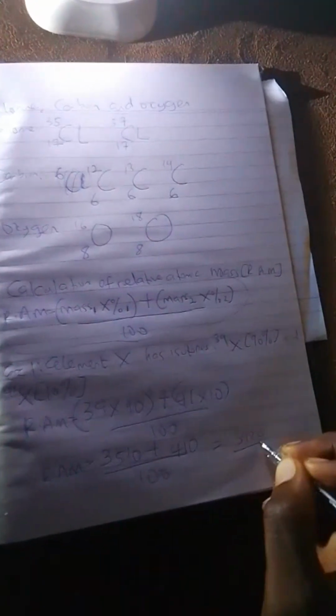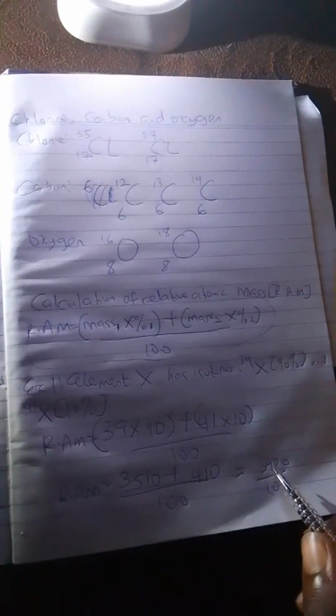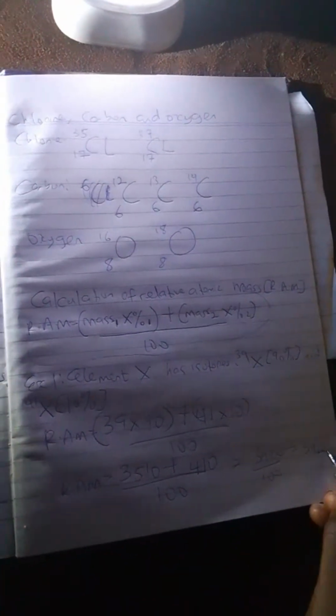So 3510 plus 410 will give us 3920, all over 100. So 3920 divided by 100 would give us 39.2. So our relative atomic mass is 39.2.